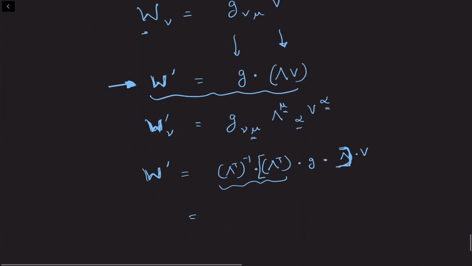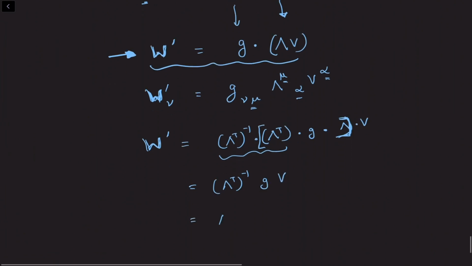And by the defining property of the Lorentz transformations, this is just G, so I can write this as G times V. And so now we have lambda transpose inverse times GV, which we can write as W. So the transformation law for W is different from the transformation law for V. It's not through the matrix lambda, but rather through lambda transpose inverse.